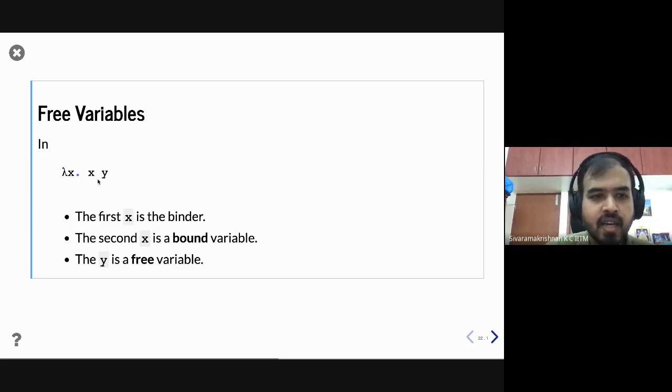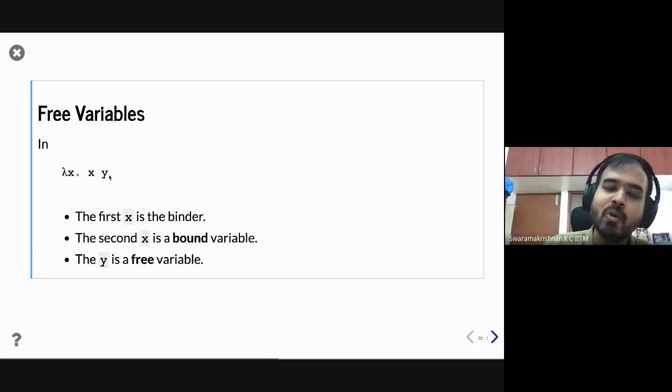And y is not bound, as there is no lambda in this term which binds y. So we call y a free variable. A free variable is a variable which is not bound. That's the definition of a free variable.